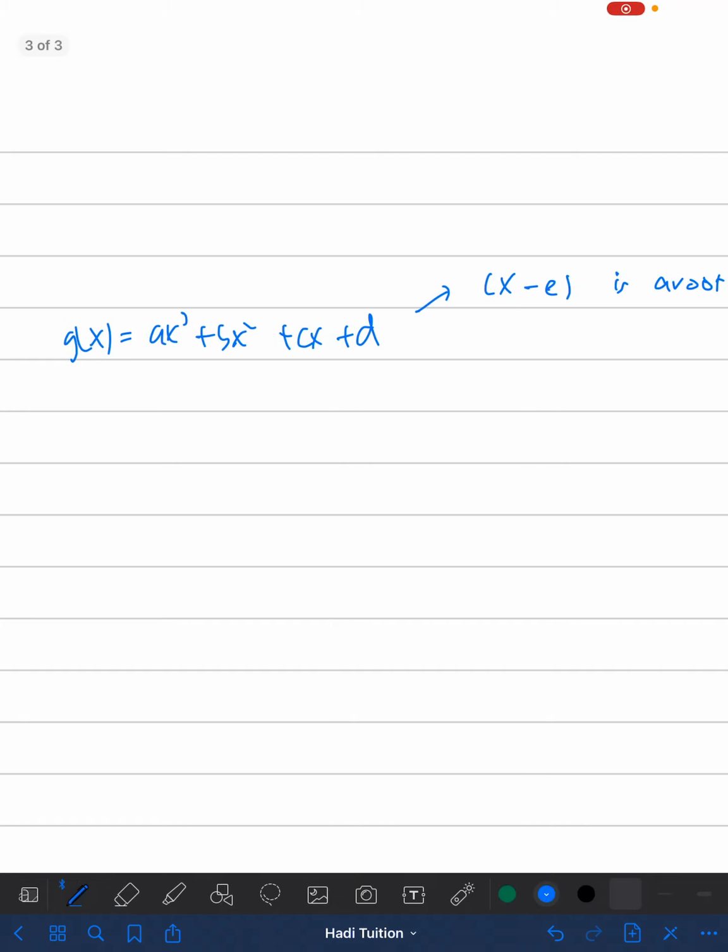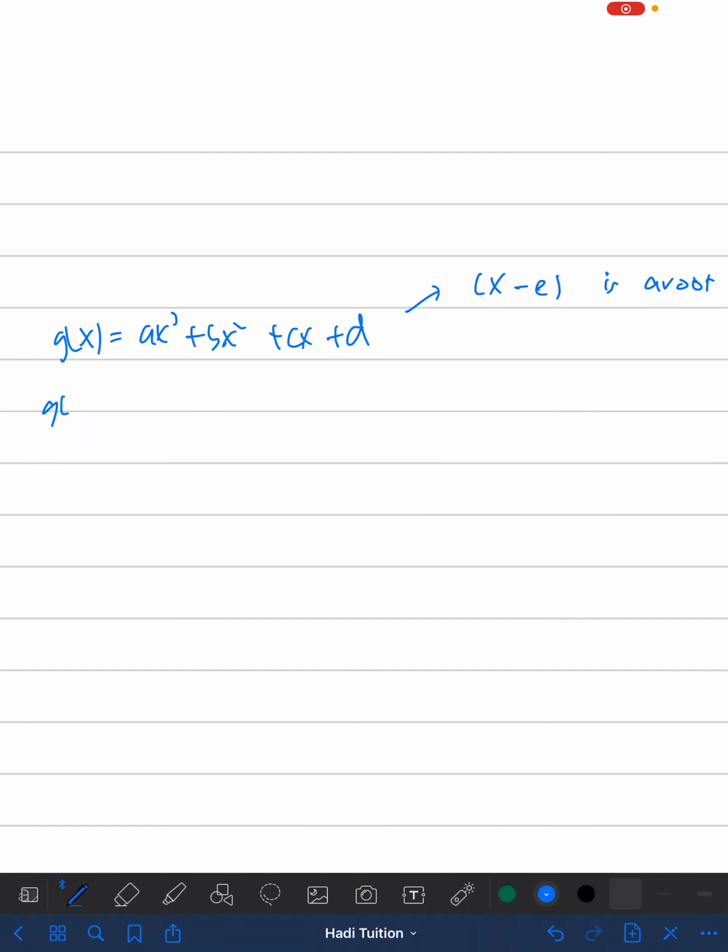So we know that I can represent this as f(x) is given by x minus e, which is a divisor, times q(x), which I want to find.